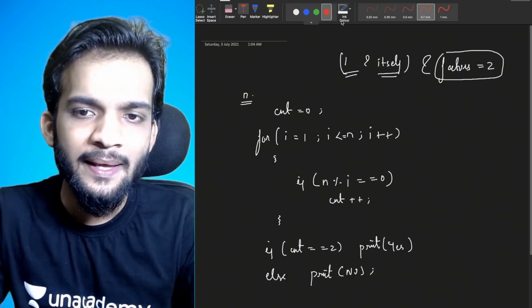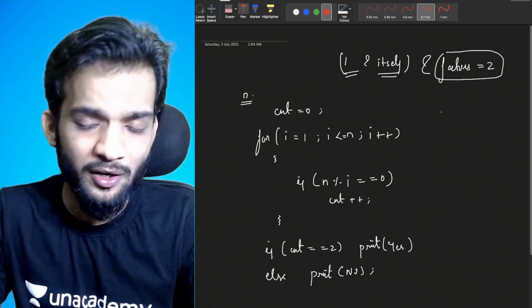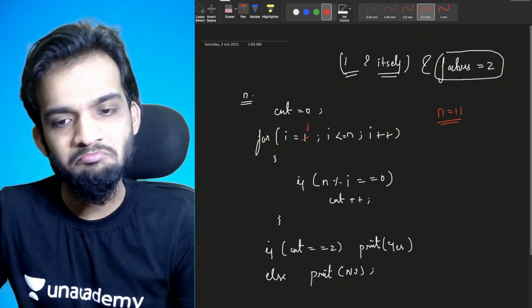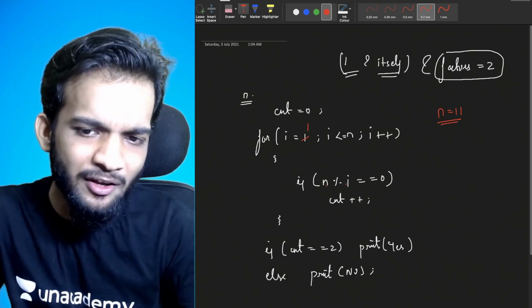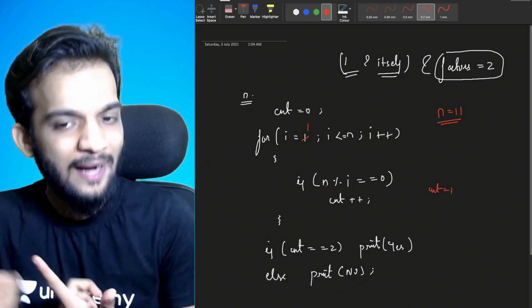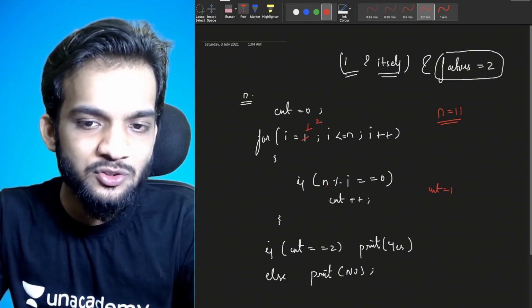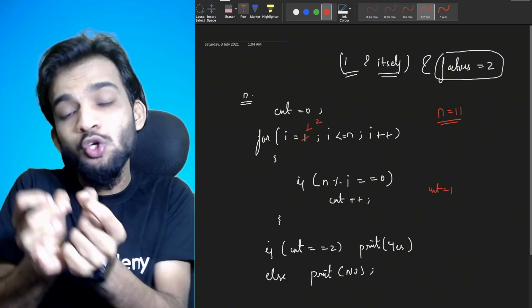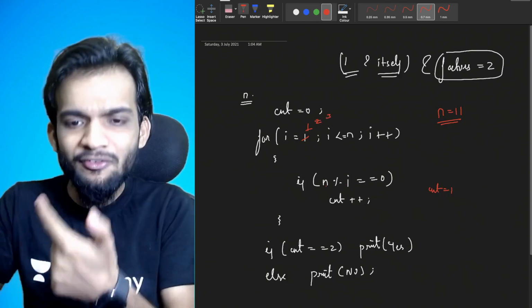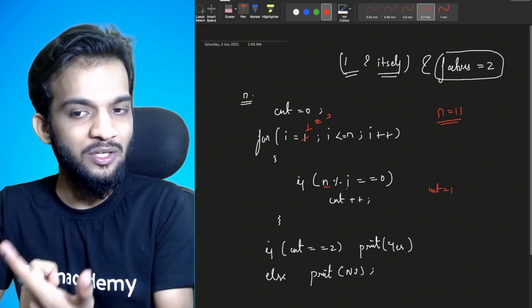So can I say that if the number, for example, is 11, so at first i will be 1, goes inside, 11 modulo 1. Yes. So the value of count will become 1. Next, i becomes 2. 11 modulo 2. No. Next, 3. 11 modulo 3.